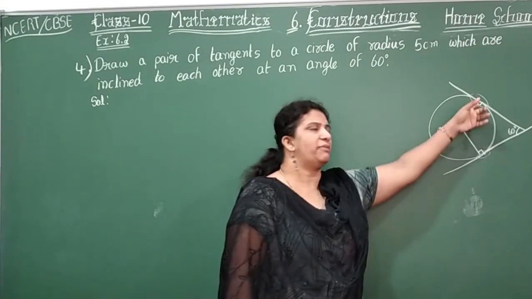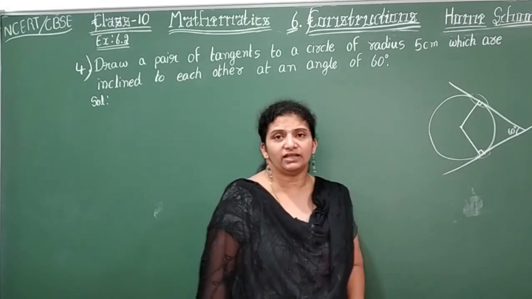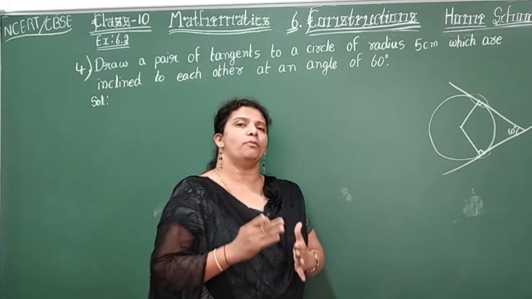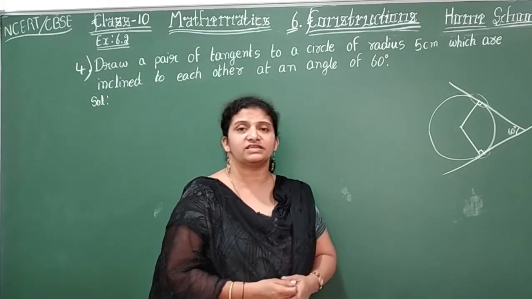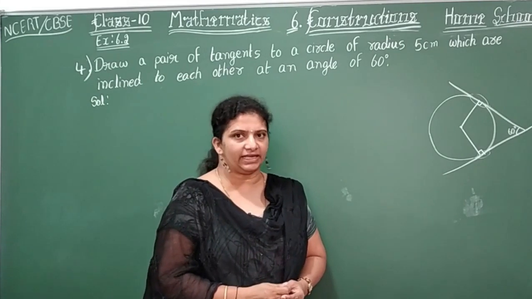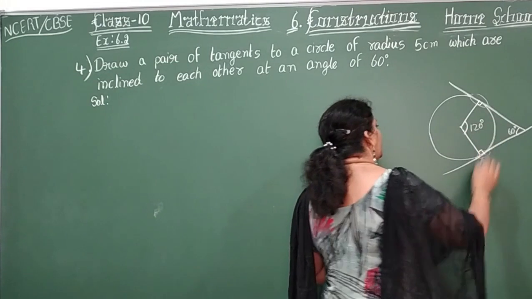This is always perpendicular, meaning 90, 90. Then what about this angle? The sum of the opposite angles in a quadrilateral will be 180. 180 minus 60 will be how much? 120 degrees, no? So now 120 degrees.